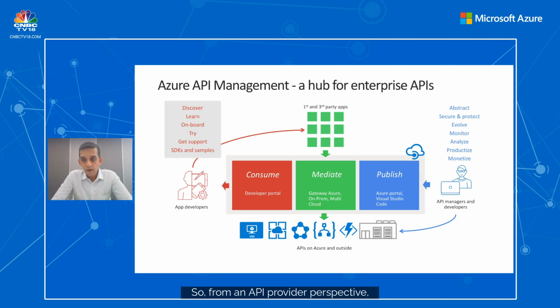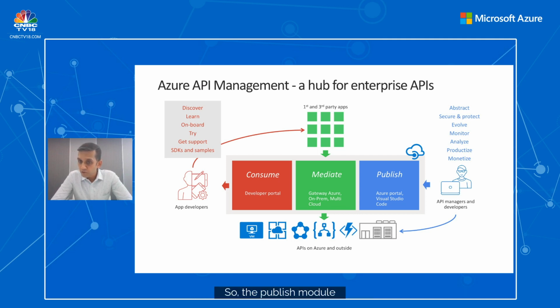So from an API provider perspective, they can use Azure Portal or tools like Visual Studio or Visual Studio Code in order to build their APIs, define the policies for security, for access control, for rate limiting, etc. They can also add policies around message transformation, caching.